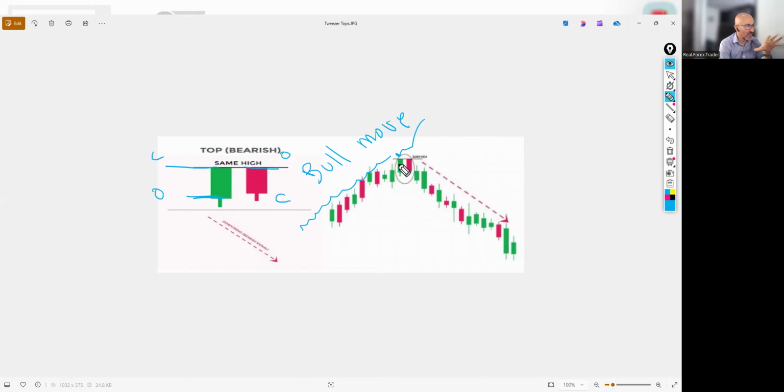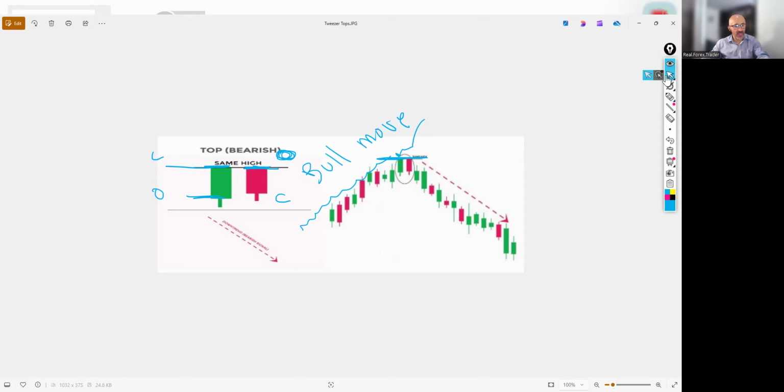In this context, for the Tweezer Tops, both candles have the same line as a resistance. What is that? That the closing of the bull candle is now the resistance in the moment of the opening of the bear candle. That is a strong indicator. It has to be nearly exactly or exactly the same resistance line. Right? So this is how we can interpret.